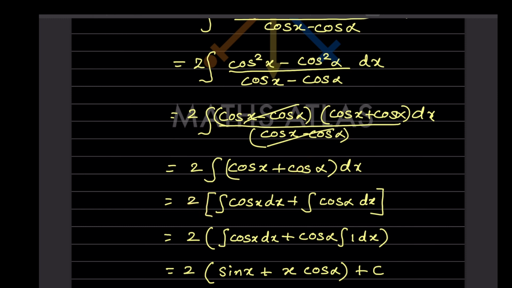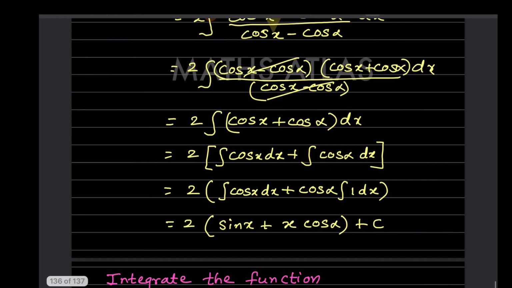So now let us separate this one. So this into this one, that is the separate integration over here, plus again this into this, we'll put integration sign over here. So now 2, that is cos x dx, plus this cos alpha we can take outside the integration sign, because this is alpha and this is x. So what remains inside is 1 dx.